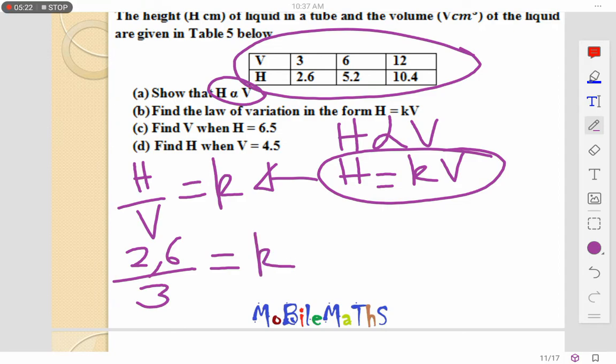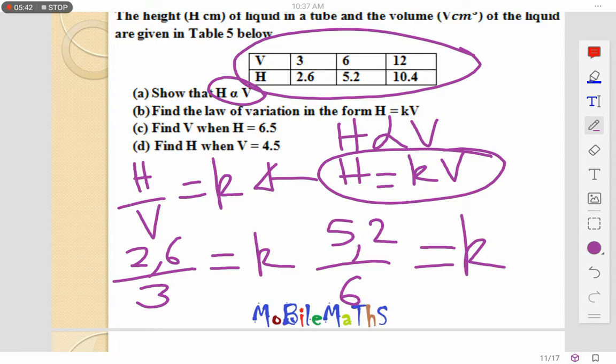Then if I do the same for 5.2 over 6, I should get the same k value there. So that's how you do this. Then the rest, I'm sure you can finish off.